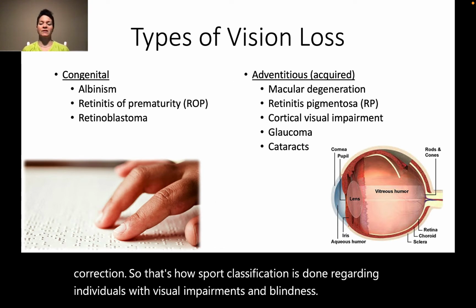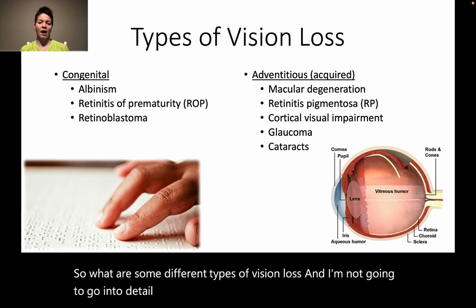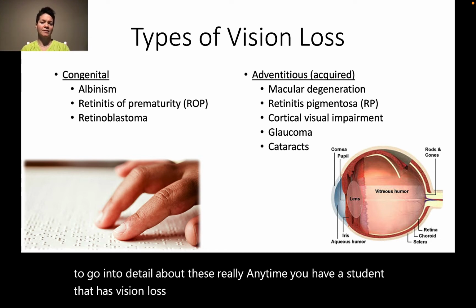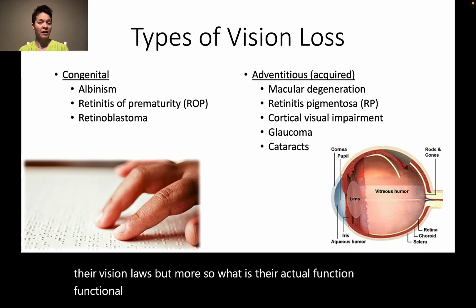So what are some different types of vision loss? And I'm not going to go into detail about these. Really, anytime you have a student that has vision loss or blindness, it's best to find out what caused their vision loss, but more so what is their actual functional vision, and what adaptations, modifications are going to be needed as well.